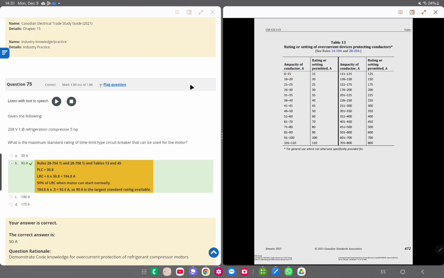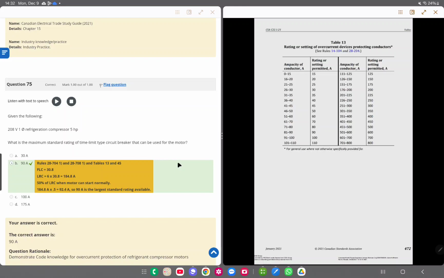Okay, so very simply, because it's a cold motor, 208 volts, single phase refrigeration compressor, we got our 5 horsepower. It was 28 amps. We needed 10% on top of it. It became 30.8 amps.